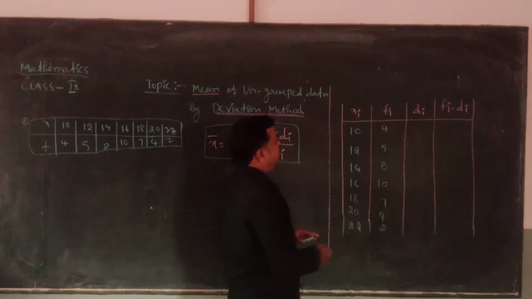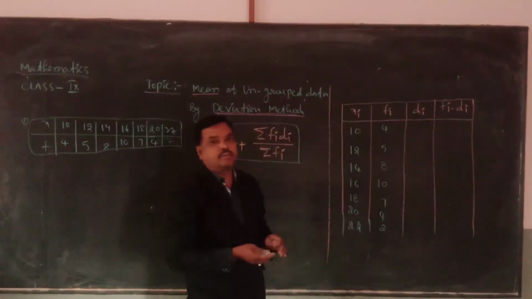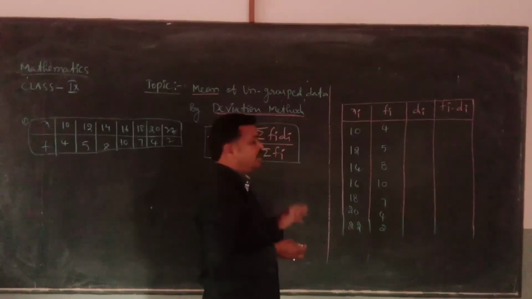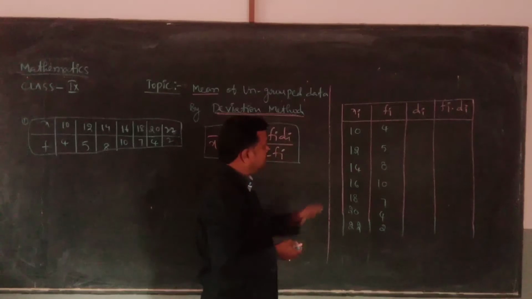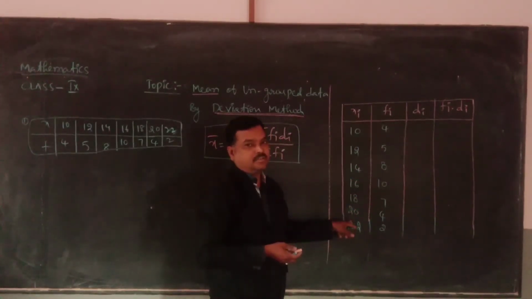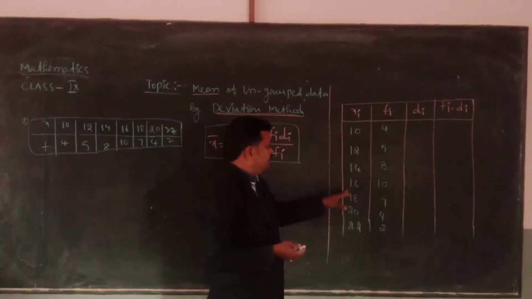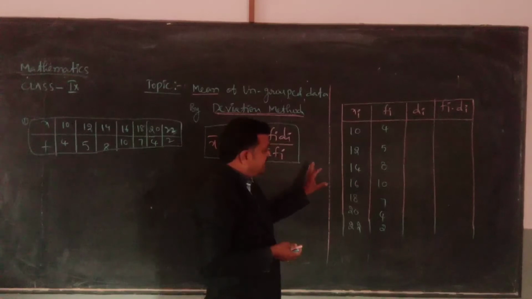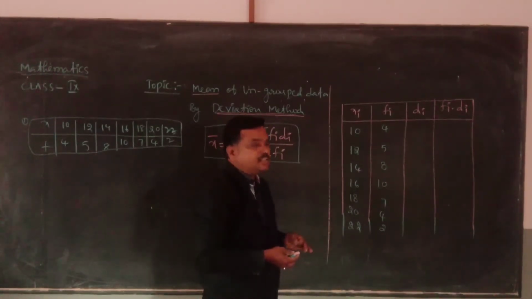Now how to find the deviation? Before that we have to select the a value, that is the assumed mean. That a value we have to select from the given xi values. Mostly we take a middle value of the xi as the assumed mean.